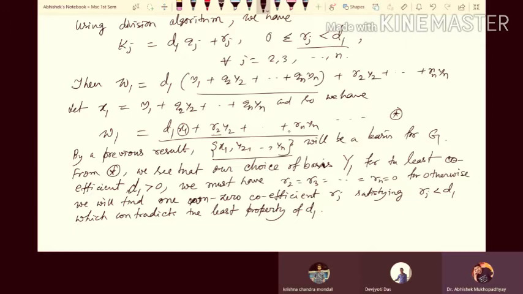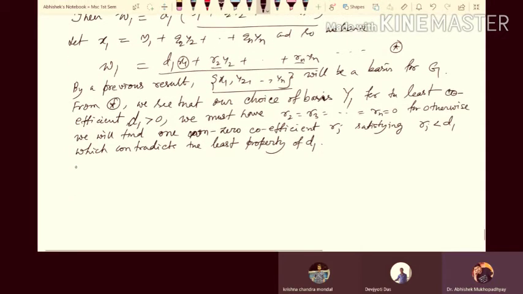So these R2, R3, Rn, all of them are 0, and thus W1 becomes D1 X1.